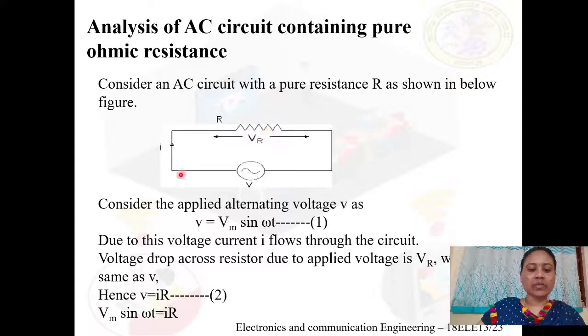When the current flows through the resistor, we know that there will always be a voltage drop. We will call the voltage drop across the resistor R as VR.